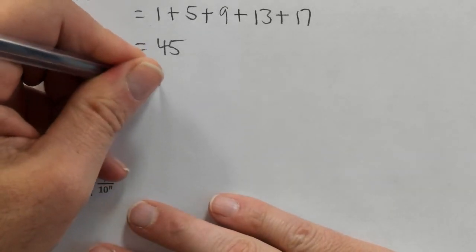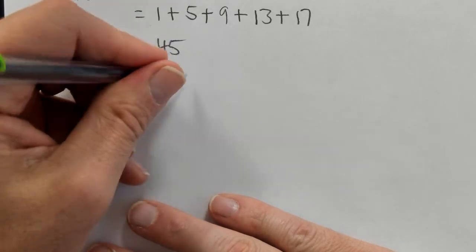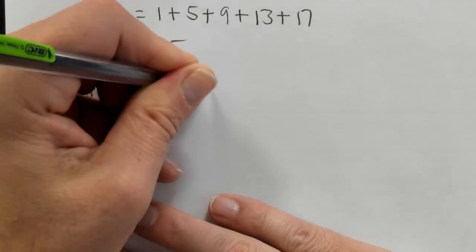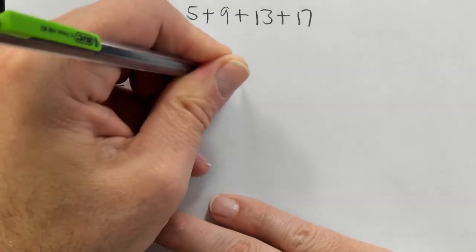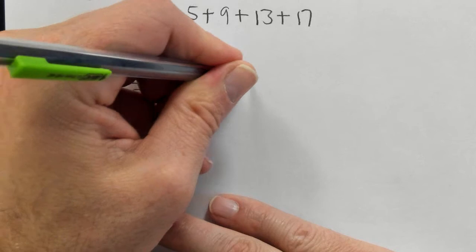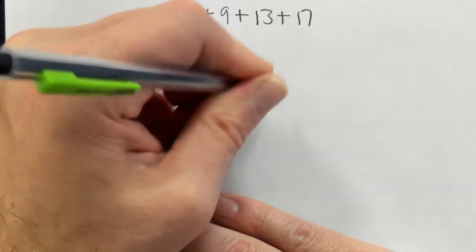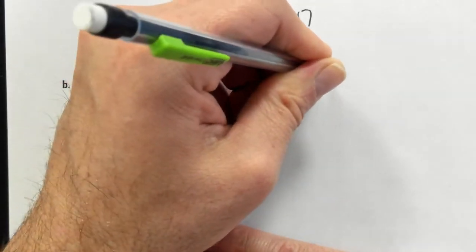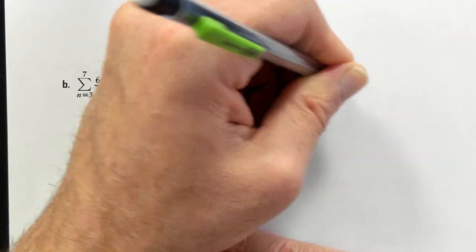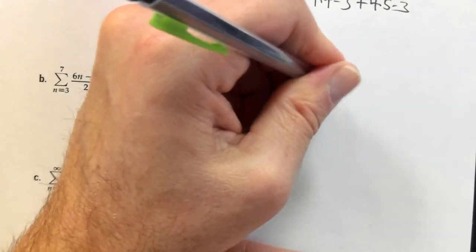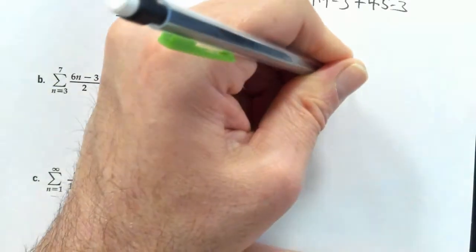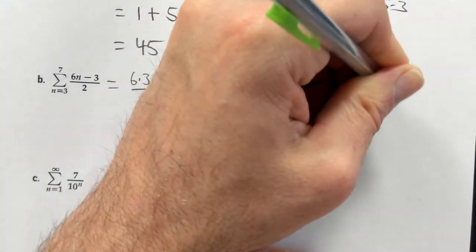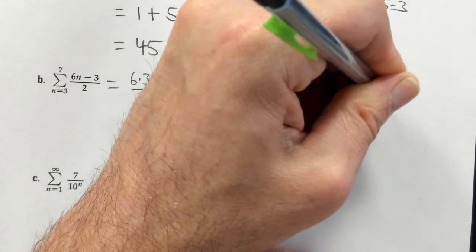It would be (6 times 3 minus 3)/2 plus (6 times 4 minus 3)/2 plus (6 times 5 minus 3)/2 plus (6 times 6 minus 3)/2 plus (6 times 7 minus 3)/2.